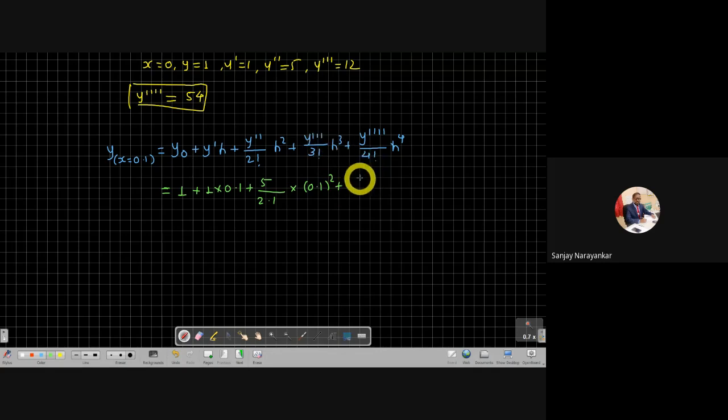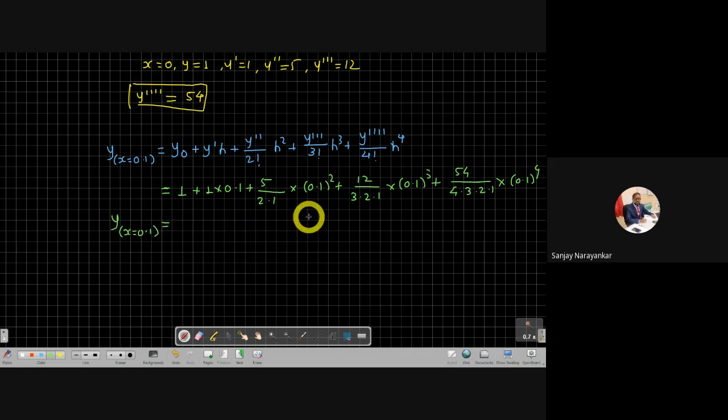Y triple dash is 12 upon 3 into 2 into 1 into 0.1 cube plus 54 over 4 factorial. 4 into 3 into 2 into 1 into 0.1 raised to 4. So if you simplify this, you will get the value of y at 0.1.